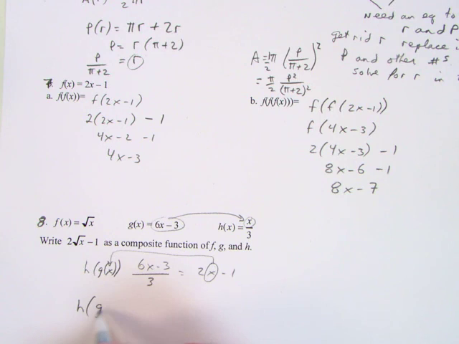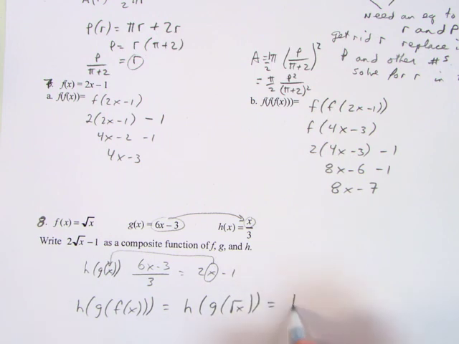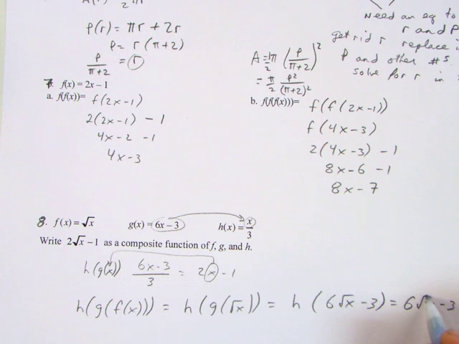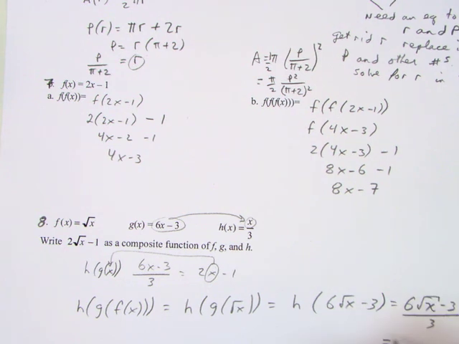We're going to have h of g of f of x. And so just to check it, we would have h of g of square root of x, which would be h of 6 root x minus 3, which would be 6 root x minus 3, all divided by 3, and that'll give us 2 root x minus 1. And that's it for the composite functions.